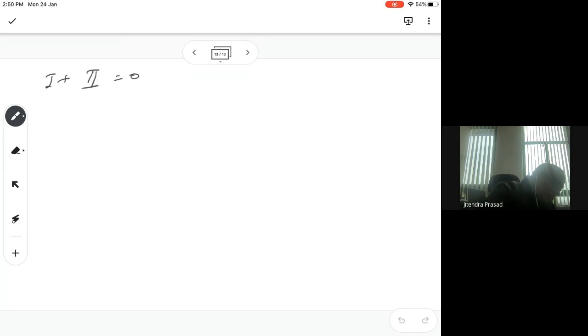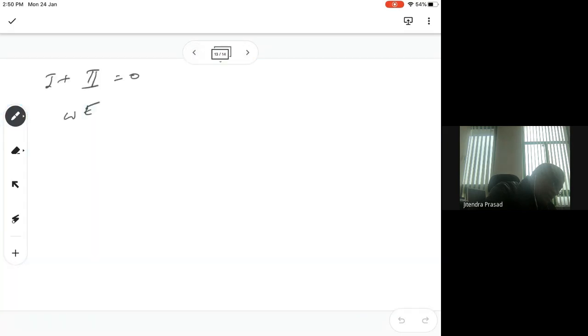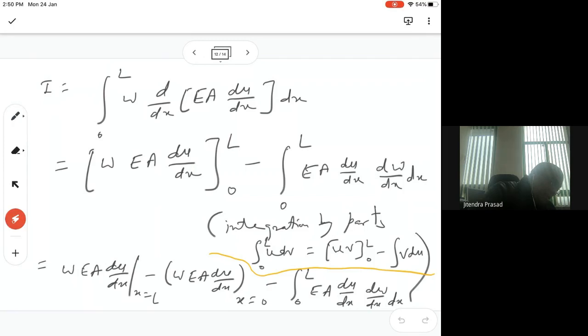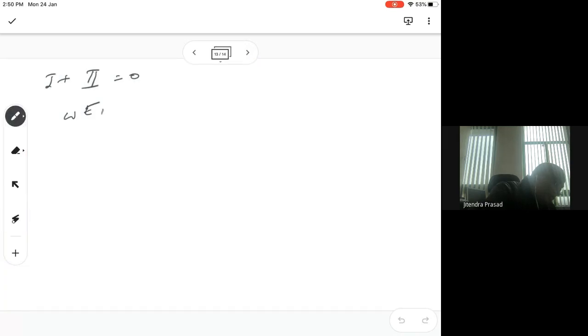So we have W EA du over dx at x equal to L. What is this value? We will come back to this.